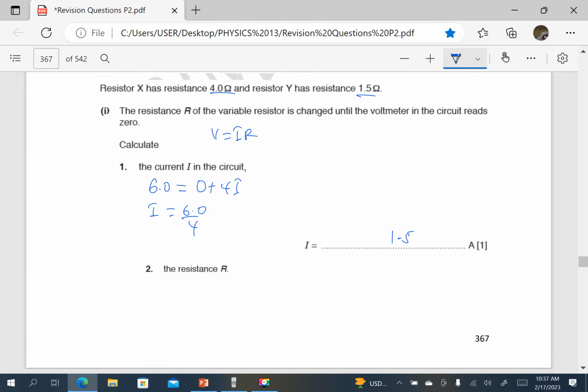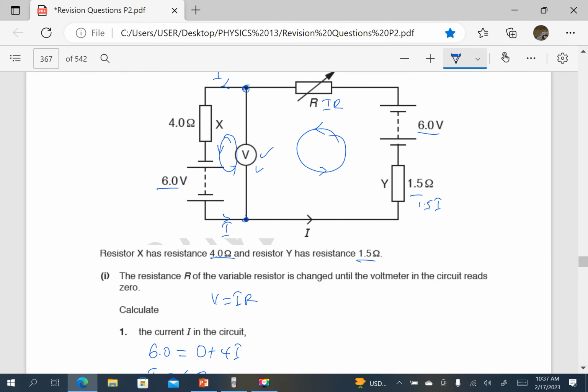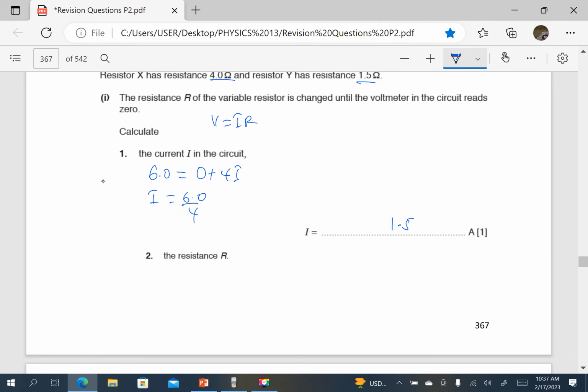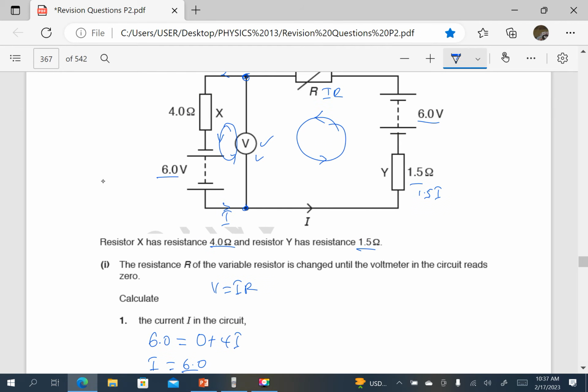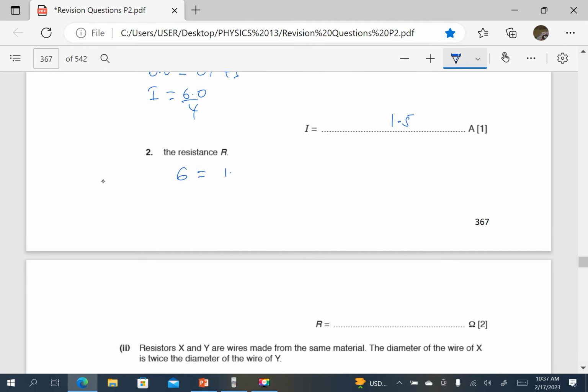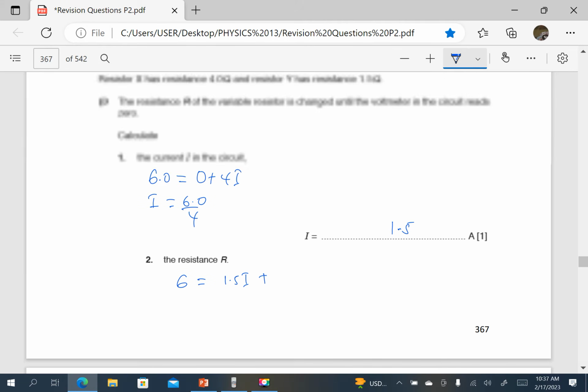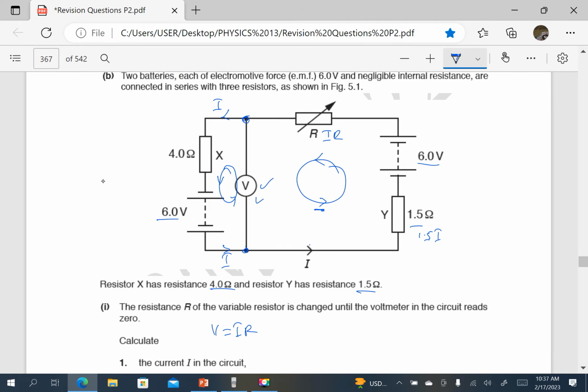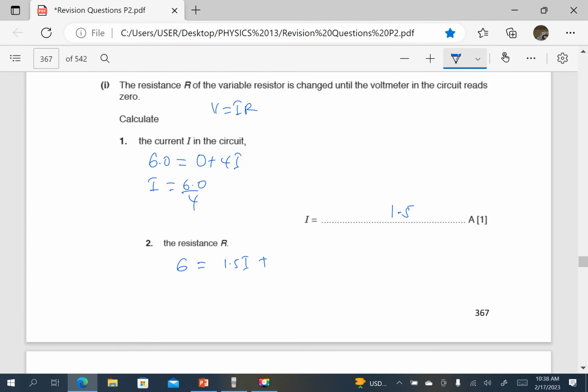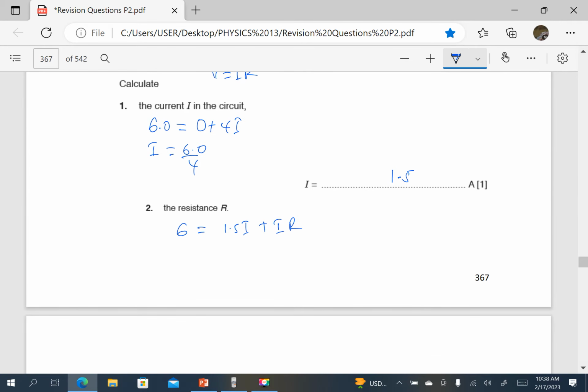So using Kirchhoff's second law, considering that loop, there's only one battery of 6 volts, so that will be 6 equaling the PD across 1.5. The current is in the same direction as the loop, so it is positive. So 1.5 times I plus the PD across R. This current I is the same current flowing, so it will be I times R, positive. But we have already found I as 1.2.